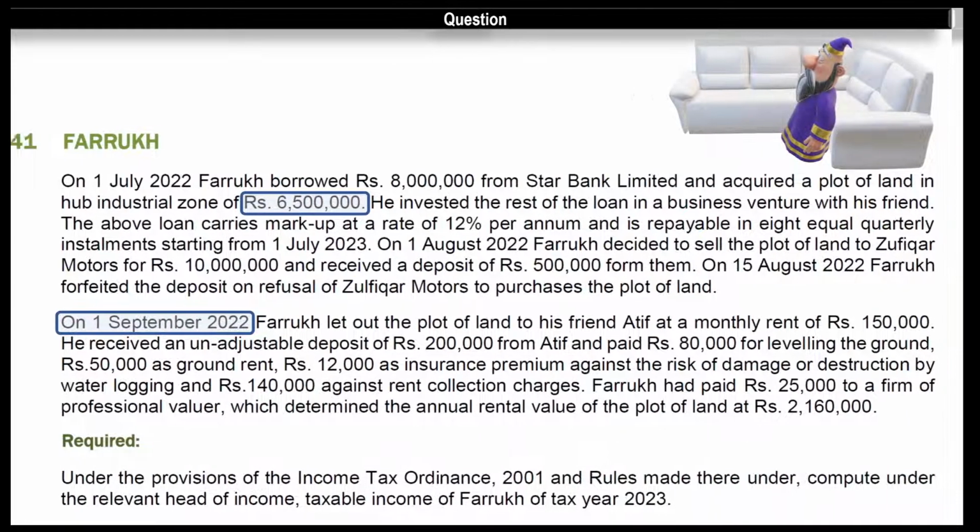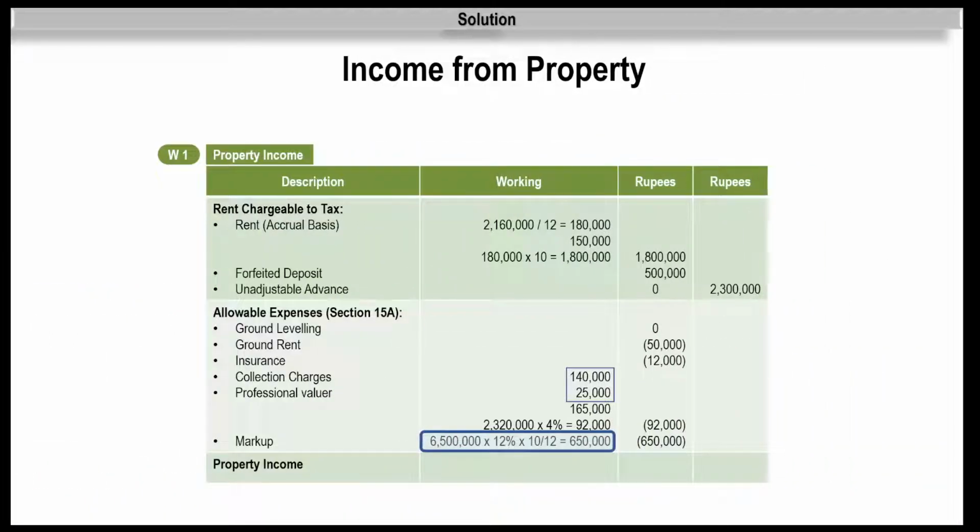Mention it in your working. Don't forget to use 10 by 12 factor, because markup for period of income will be allowed as expense. Expenses are complete now. Make its total. Deduct expense total from rent chargeable to tax. Property income comes to Rs 1,496,000. Working is complete now.